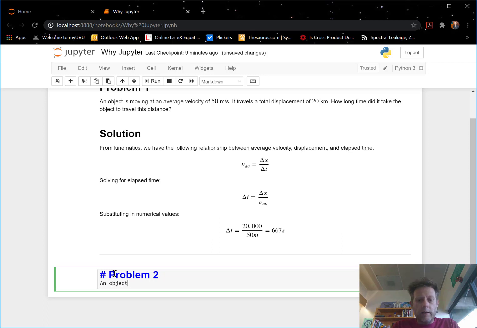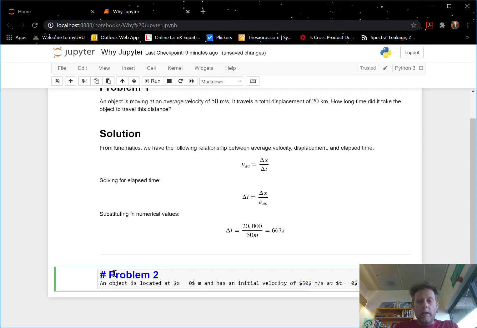An object is located at, so it has initial position at x equals 0 meters, and has an initial velocity of, what did it say? 50 meters per second at t equals 0 seconds. Okay, so at t equals 0 seconds, the object is located at x equals 0 meters and has initial velocity of 50 meters per second.